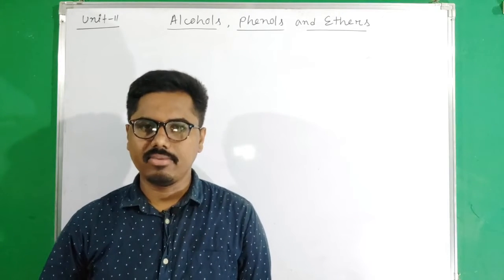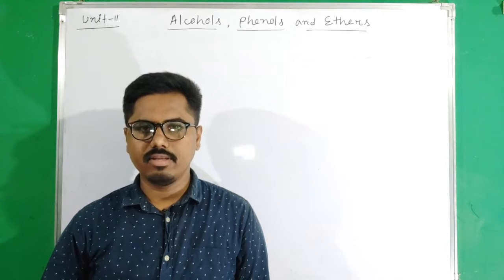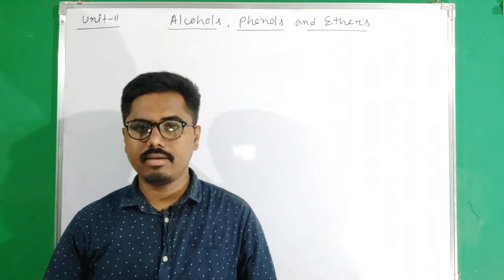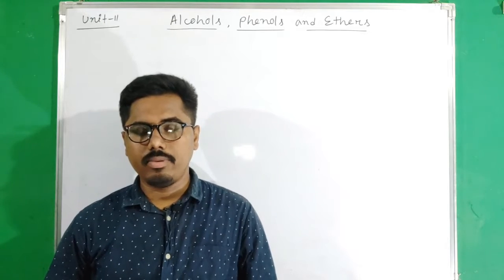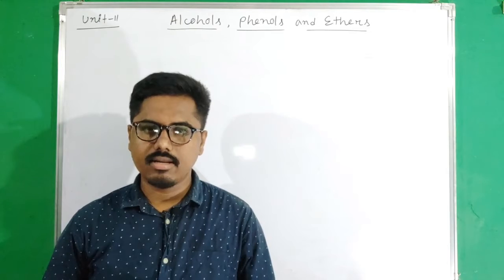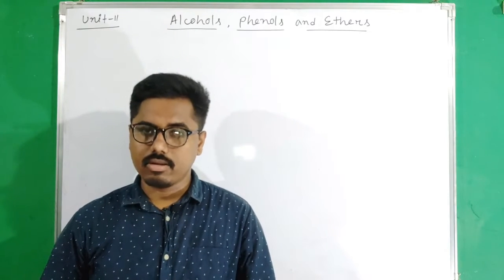Hello students, we are discussing Unit 11, that is alcohols, phenols and ethers. In our previous classes, we have discussed IUPAC nomenclature of alcohols and phenols, and in our last class, we discussed methods of preparation for alcohols.